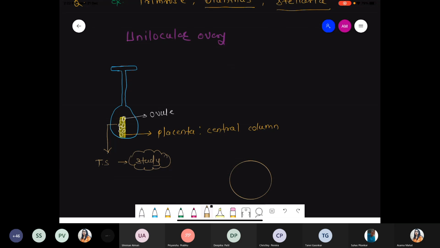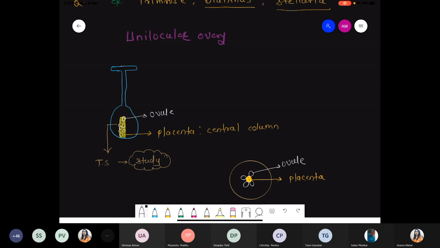It looks like this, no wall. At the center there is the presence of the placenta, and all the ovules arise and are placed on it. These are the simple structure for the ovule.